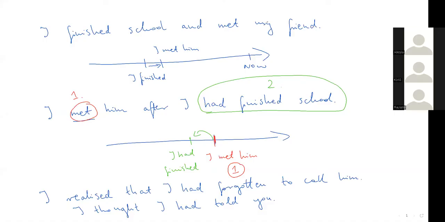Now, let's move on to other similar tenses, because I would like to cover all those perfective tenses now, so that it doesn't leave any questions for you. So the first one is present perfect continuous.